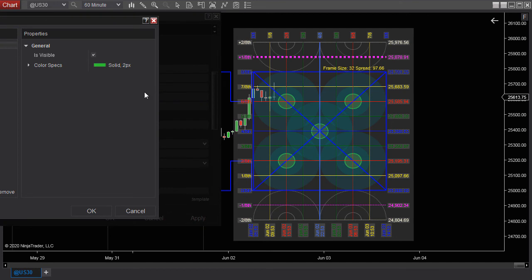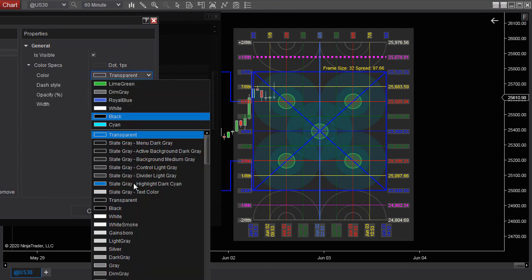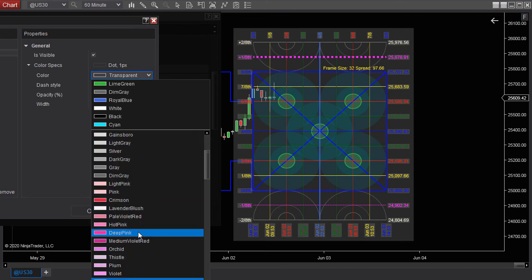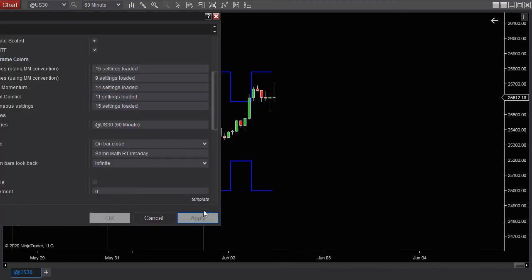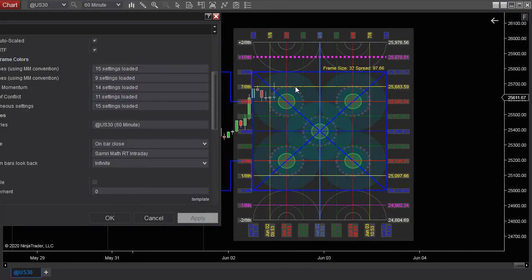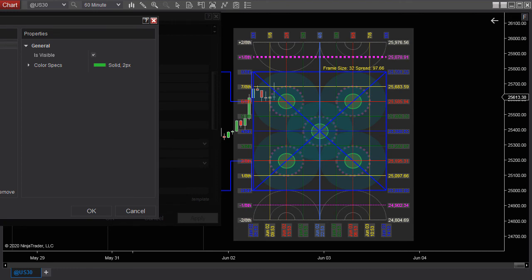You can control the border of the inside circles, these ones here. Let's make that yellow? Yeah, why not? Or deep pink. Make it a little thicker, a lot thicker. There you go. Okay, you see these dots in pink? I should have made it solid maybe.